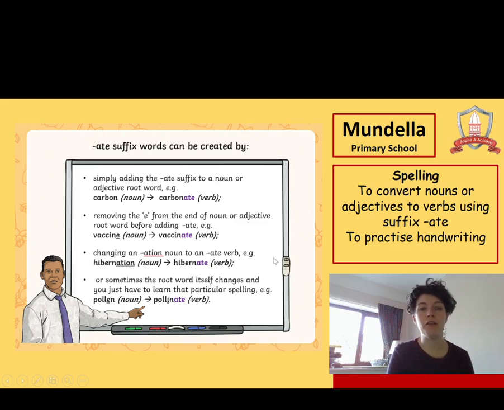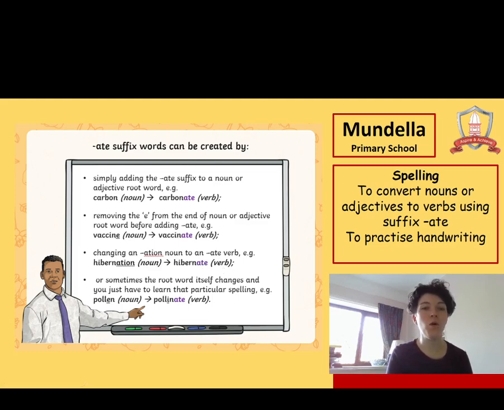The other option is that we change an ation noun to an ate verb. So for example, when I said about hibernation, hibernation is the noun. All we do here is we chop off that ation, and we add on the ate.